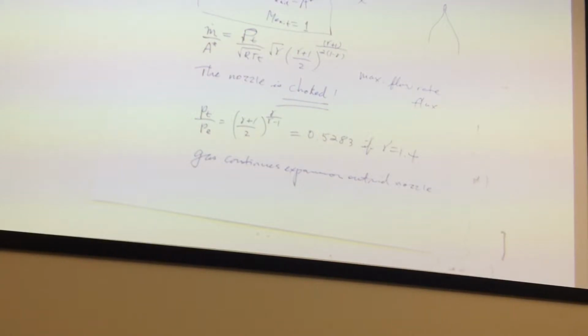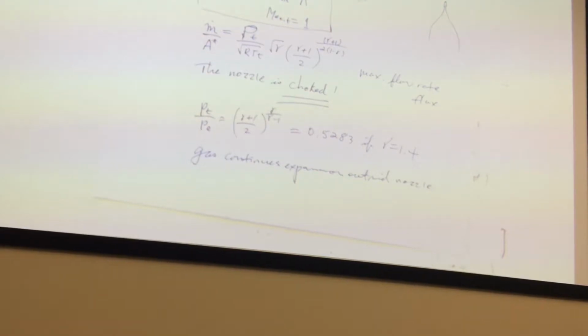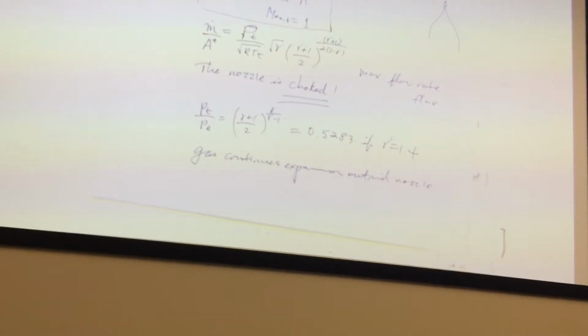If you have a vacuum in the back, but your reservoir is, let's say, 500 kilopascal, that means at the exit you will have 500 times 0.5283, so 264 kilopascal. So your gas will come out of the nozzle still at high pressure into the vacuum.